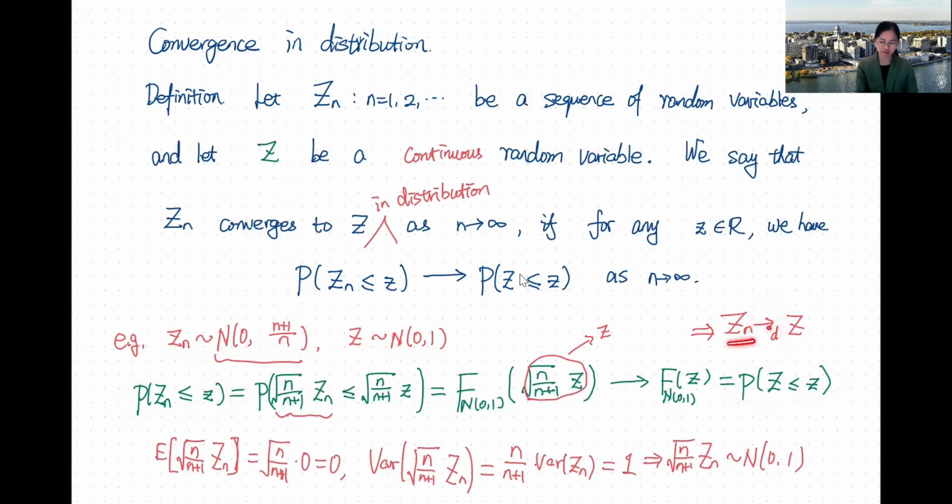So Zn arrow sub D Z is read as Zn converges in distribution to Z, or Zn converges to Z in distribution. So that's what convergence in distribution means.